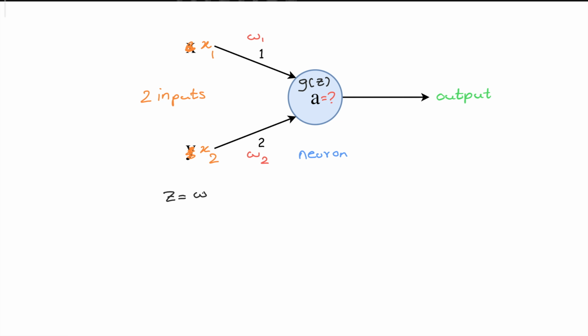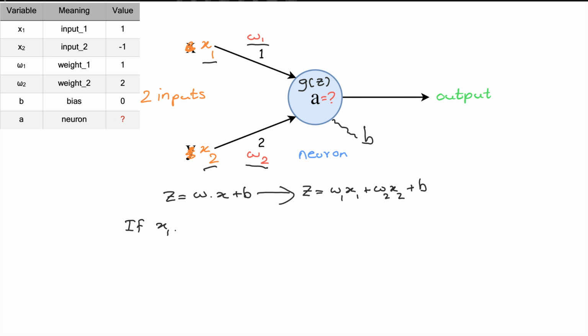First, let's find the value of z. Because we have two inputs and they are corresponding to weights, we have to modify our formula to calculate z. Now it becomes omega 1 x1 plus omega 2 x2 plus b.